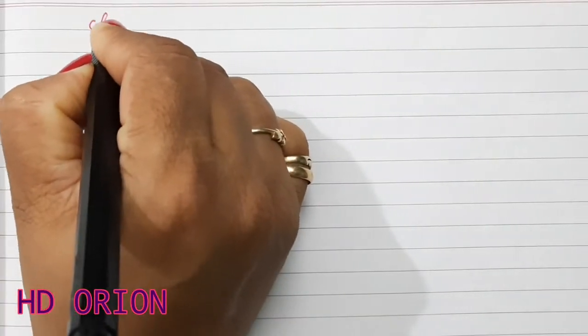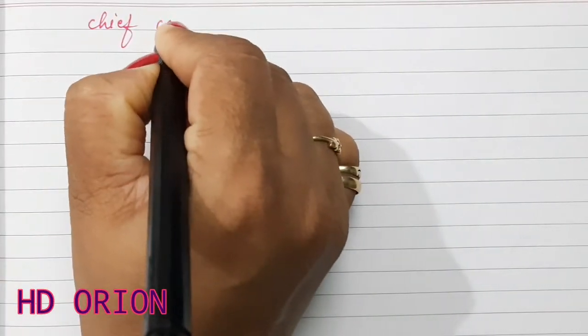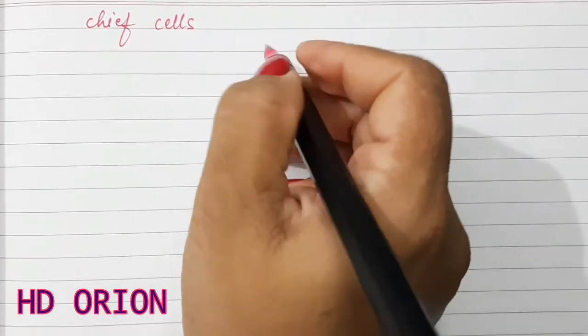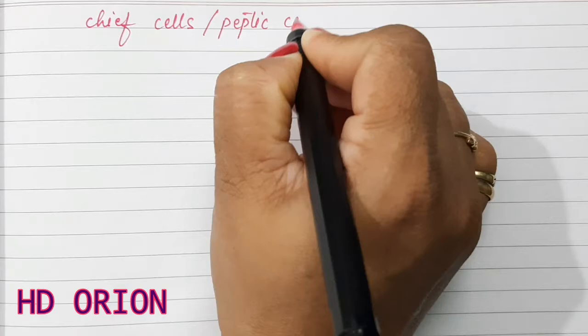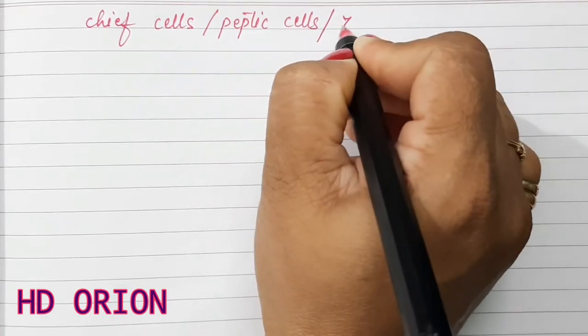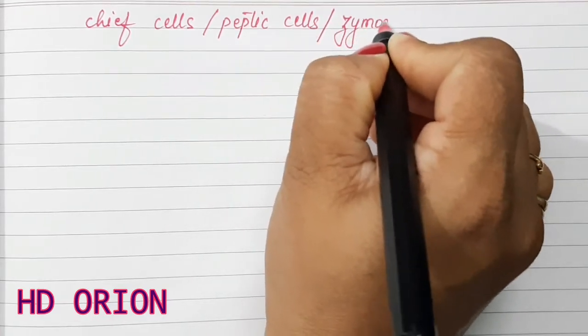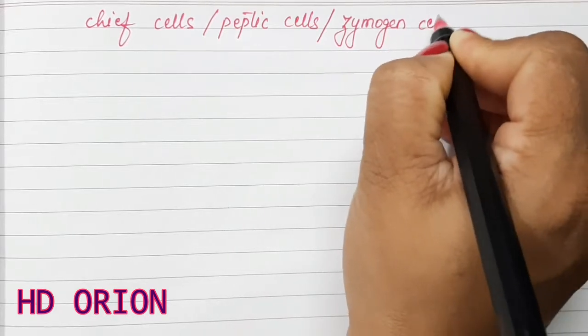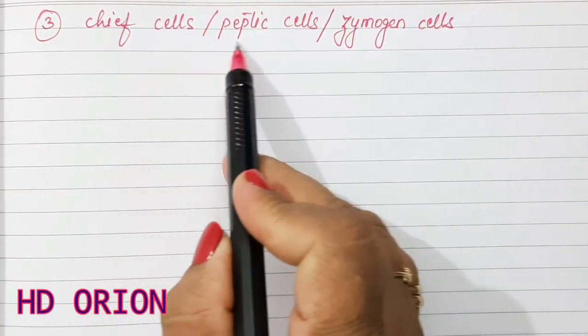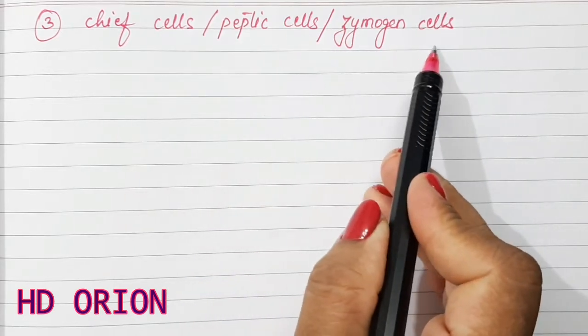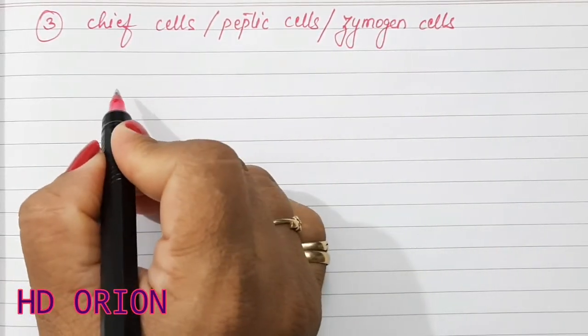Now the next cells that we are going to study are the chief cells. The chief cells are also known as peptic cells or zymogen cells. These are the third type of cells. They secrete enzymes.